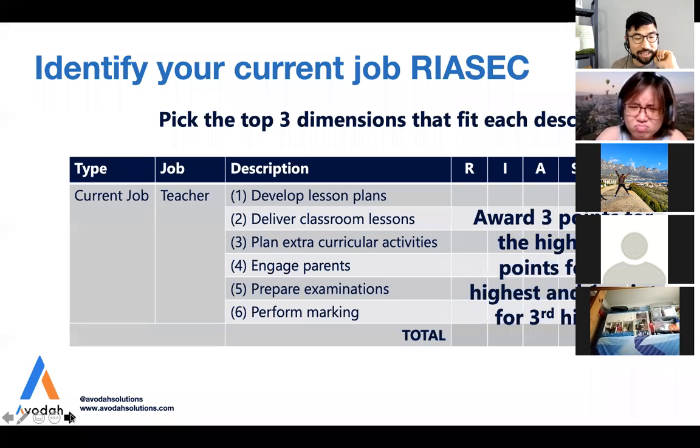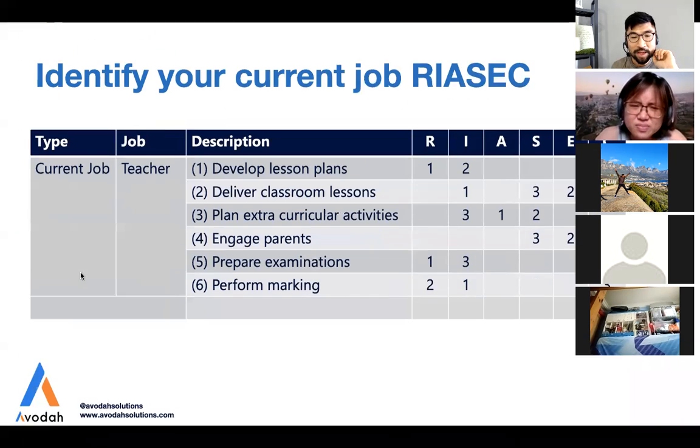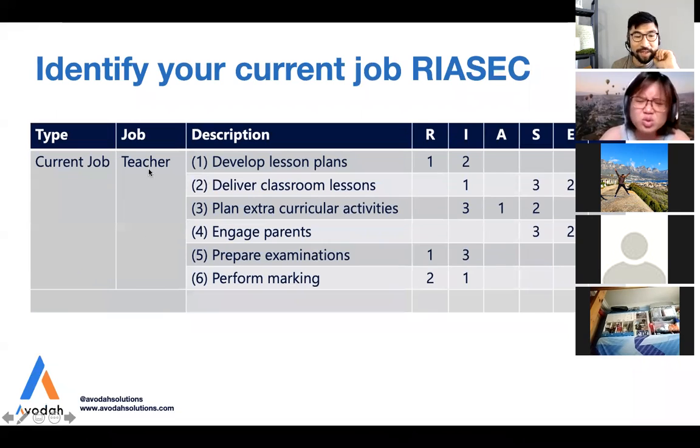Let me just show you what this means. For example, you have the teacher developing lesson plans. My assessment is that it's conventional, because you have to be structured. You have to put the lesson plans into a certain format. So I give 3 to be the highest. 2 is investigative, because you need to think about your students and what your students need to learn.